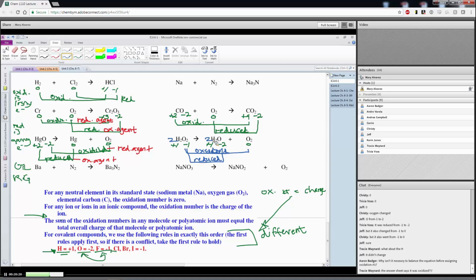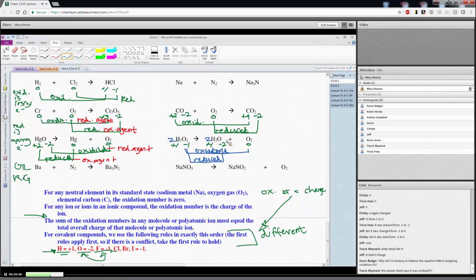You'll note, Aaron, that when trying to explain how many of these were reduced and how many of these were oxidized, I had to balance it. But the truth was, in order to look at oxidation reduction, I could just say, well, clearly some of the oxygen atoms were oxidized and some were reduced, and I'm obviously not making any claim as to how many until I could balance it.